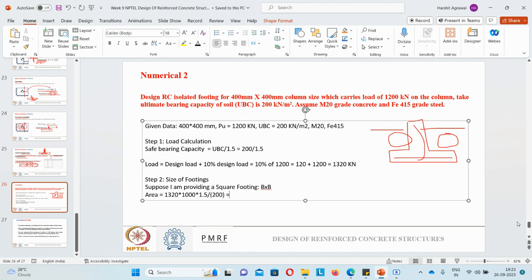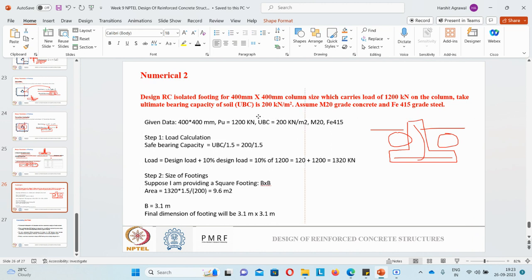Upon calculation, since it is also in kilonewton, we need to multiply by 1000 here. So this value will come out to be 9.6 meter square. So my B will come out to be roughly 3.1 meter. So the final dimension of footing will be 3.1 meter cross 3.1 meter. So we have calculated the size of the footing.